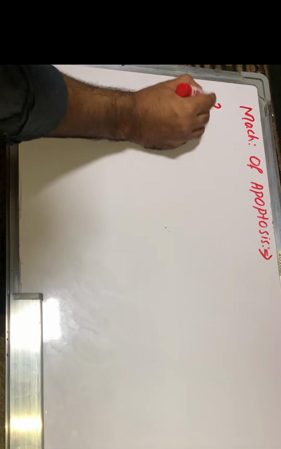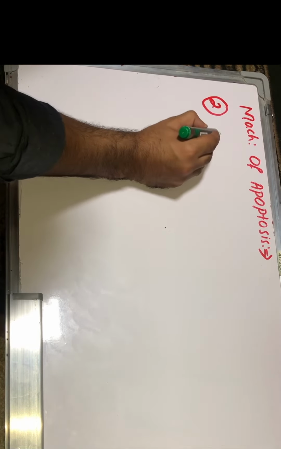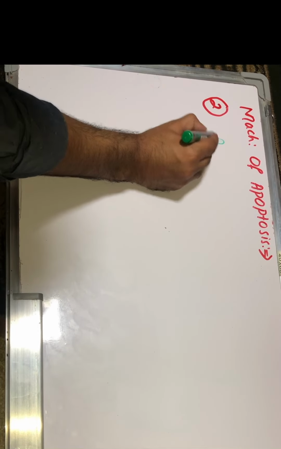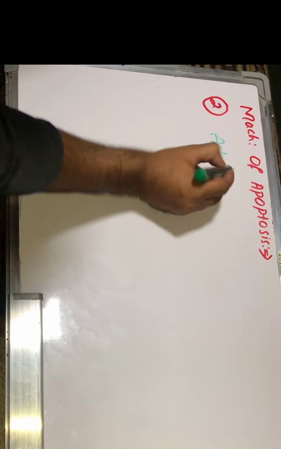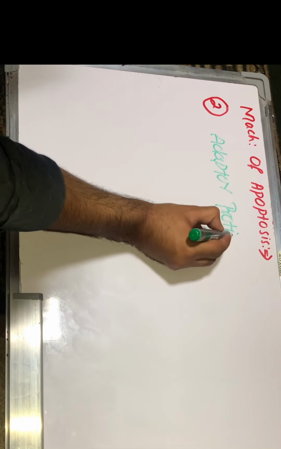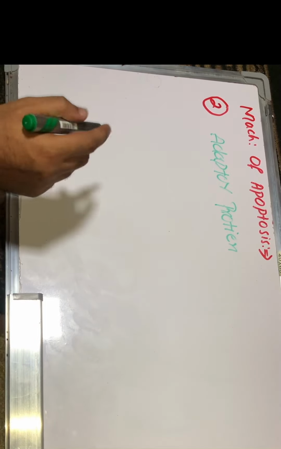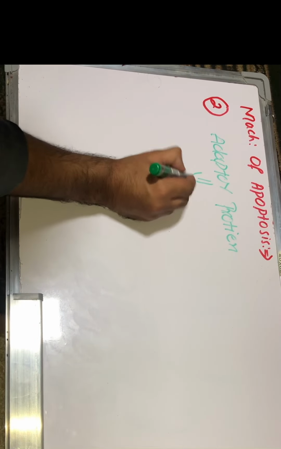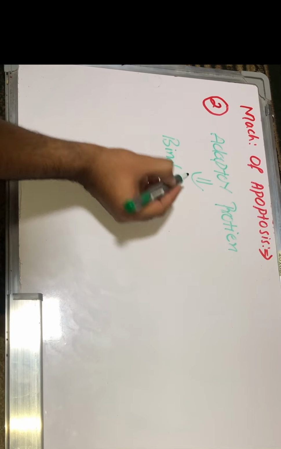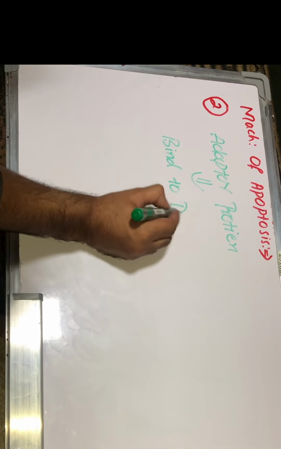When these domains are formed, then what will happen? Number second, when death domains come near to each other, certain adapter proteins inside the cell bind to the death domains.